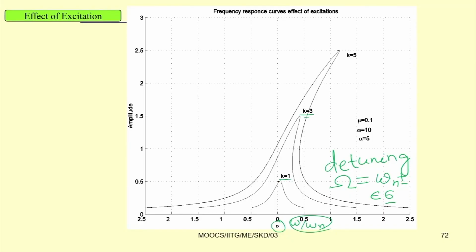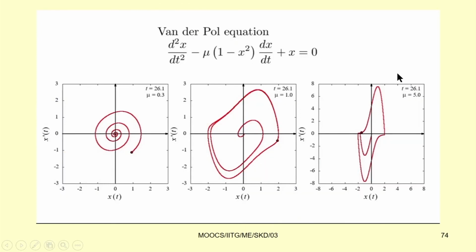When the de-tuning parameter equals 0, it is exactly matching, that is, the external frequency capital omega equals the natural frequency omega n of the system. Here sigma equals 0.5. So, for epsilon equal to 0.2, epsilon equal to 0.1, let us take epsilon equal to 0.1.